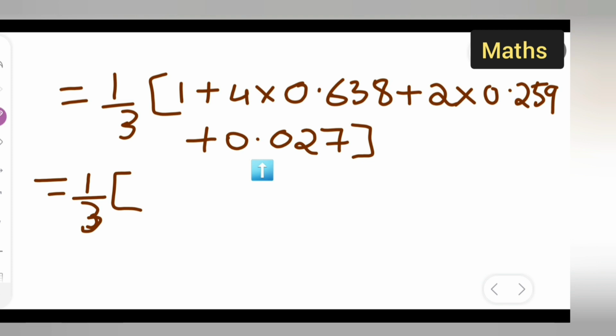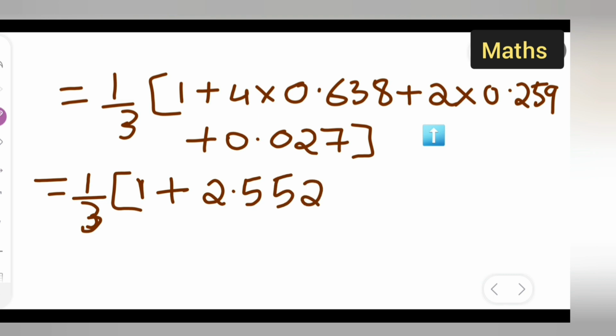Now here it is 1 plus 4 multiplied by this number, what answer you all are going to get is 2.552, plus, next multiply 2 multiplied by this number and see what answer you all are getting, 0.518.